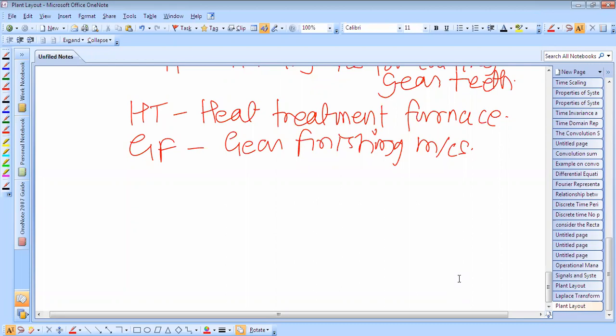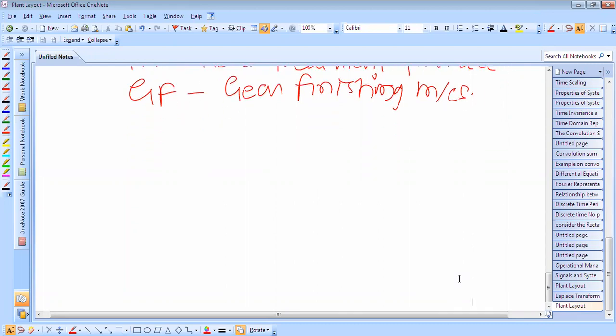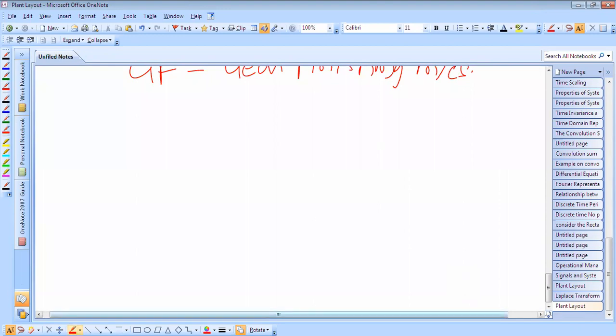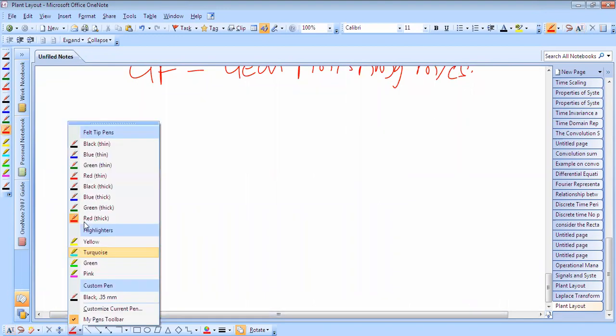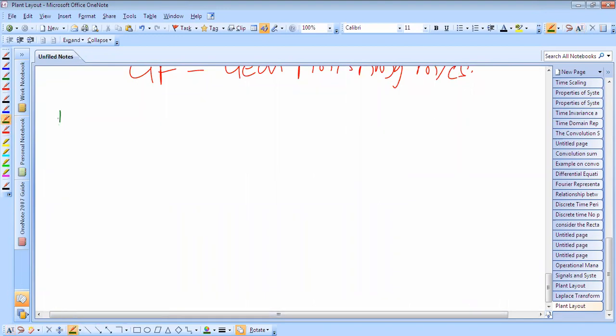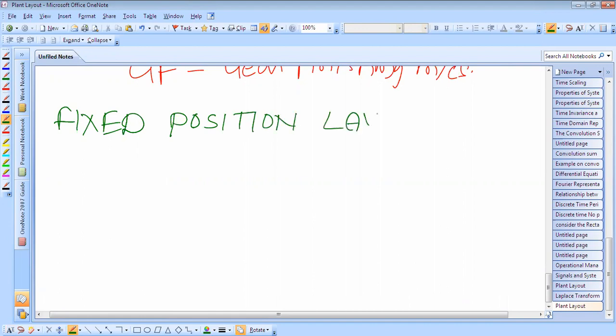Okay, so we'll discuss the next, that is the fixed position layout. The name itself indicates something.